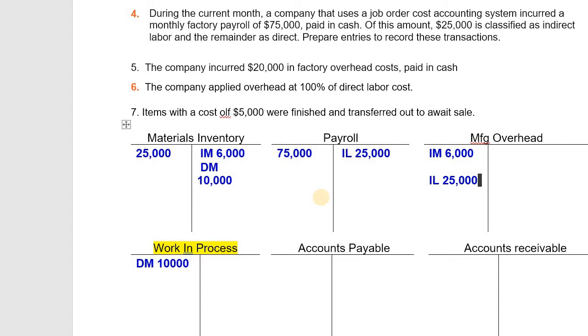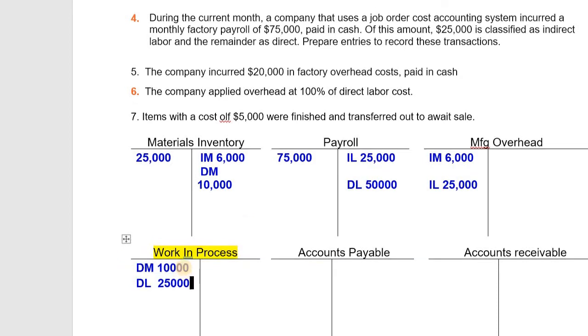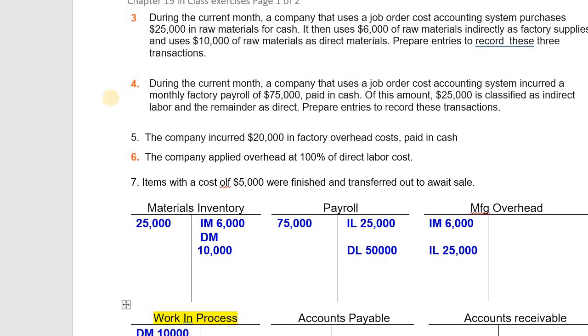And then the rest, which would be $50,000, is going to be direct labor. Oh, I see what's going on here. The direct labor is $50,000, and this is going to go to my work in process account. Hey, now we've done number 4.